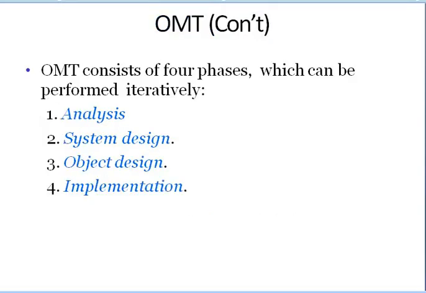In the analysis phase, the results are the object, dynamic and functional models. In the system design phase, the results are the structure of the basic architecture of the system along with high-level strategy decisions.